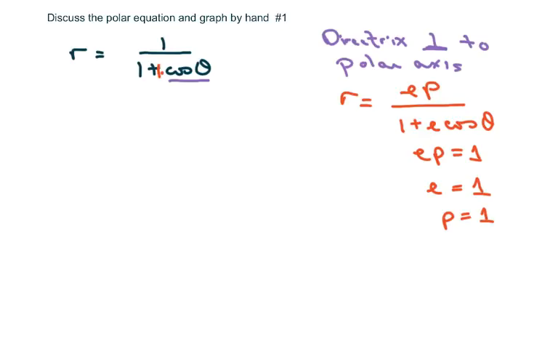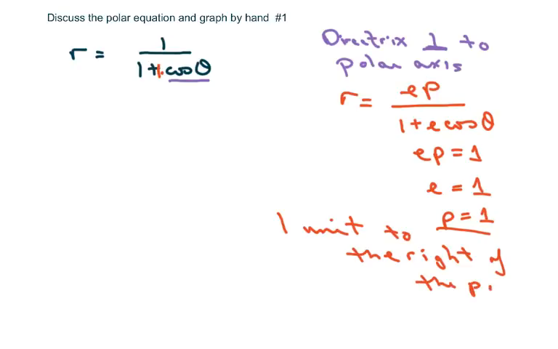Now, since it's cosine, what we're going to do is go ahead and graph this. Since p is 1, that means it's 1 unit to the right of the pole. My e equals 1.